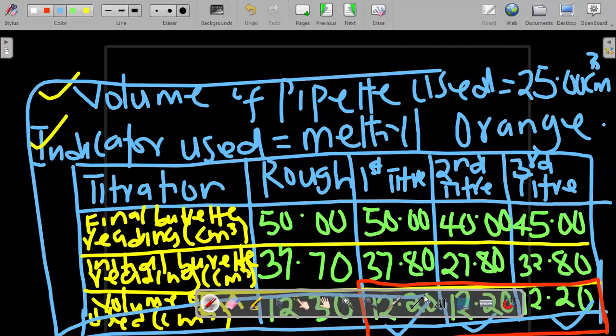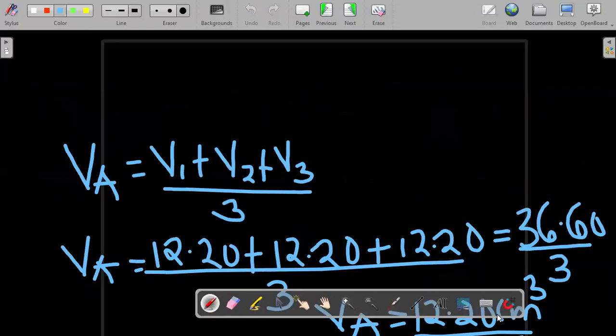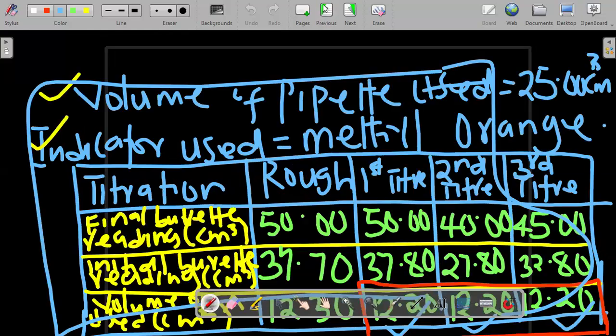In whatever way they set the question, this table does not change. It remains as this forever, the endpoint remains as this. Is it clear? Yes, sir. You must have 12.20 as your endpoint.